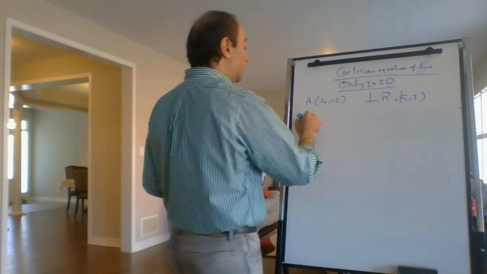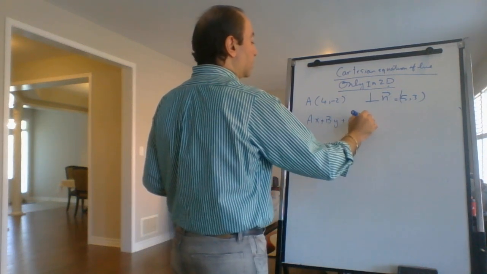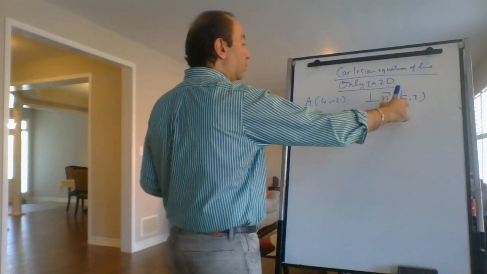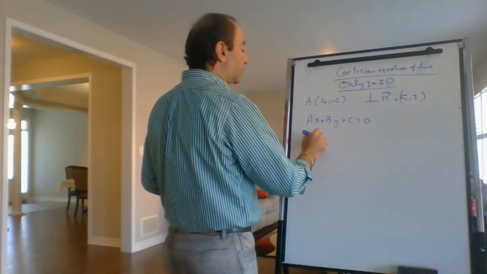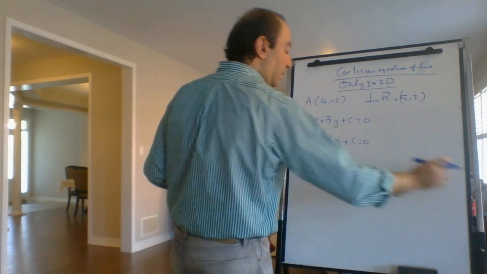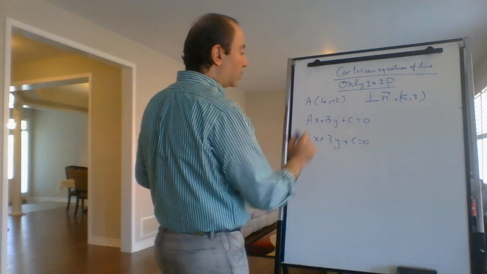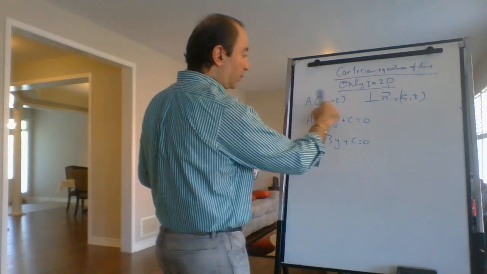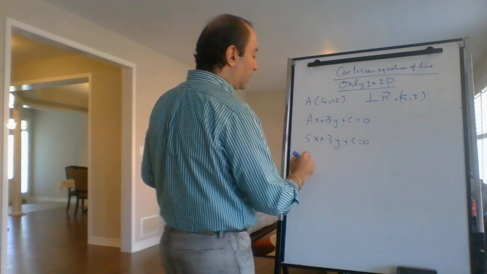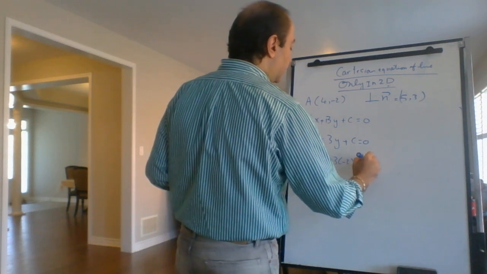Write the Cartesian equation of a line that passes through point A, which is (4, -2), and is perpendicular to n, which is (5, 3). The Cartesian equation is ax plus by plus c equals 0. So a and b are the coordinates of the normal vector, so 5x plus 3y plus c equals 0. How can I find c? I will substitute with the coordinates of A, the point that lies on the line. So 5 times 4 plus 3 times negative 2 plus c equals 0.